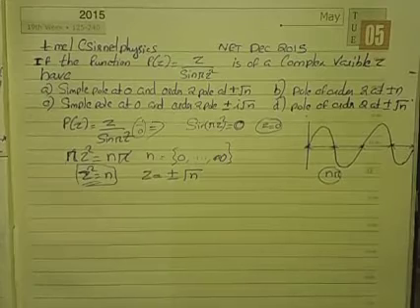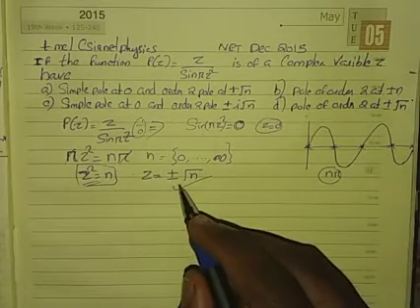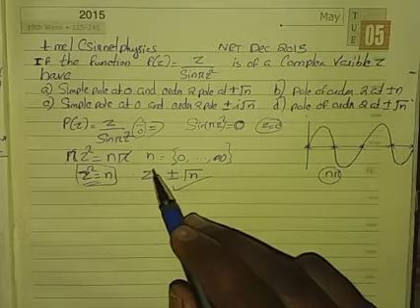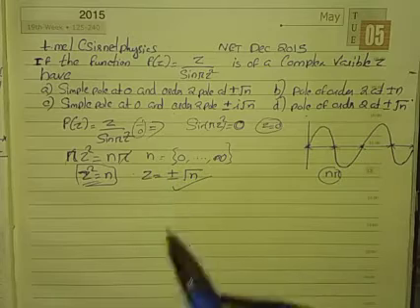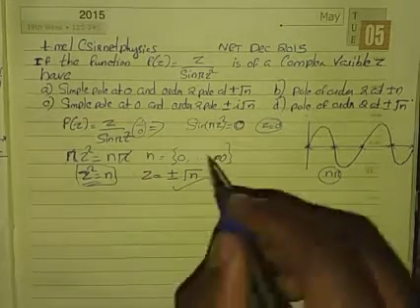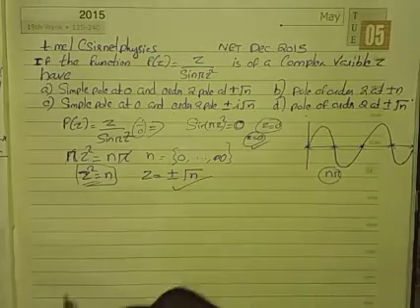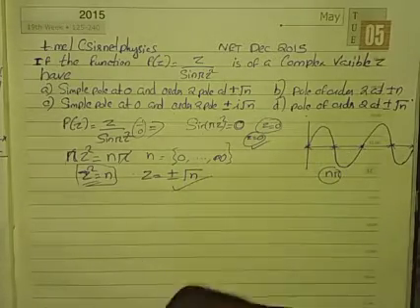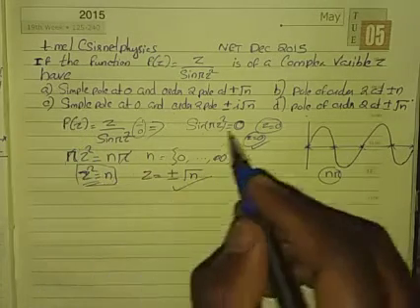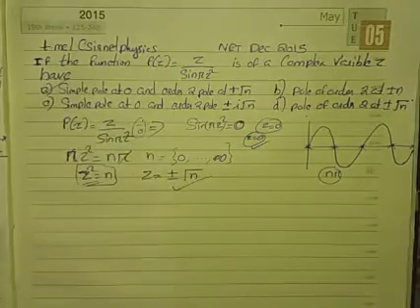So this is a second order pole at plus or minus root n, and there is also a simple pole for this function at z equal to 0. So there are two kinds of poles, and you can see that the correct option is option A.